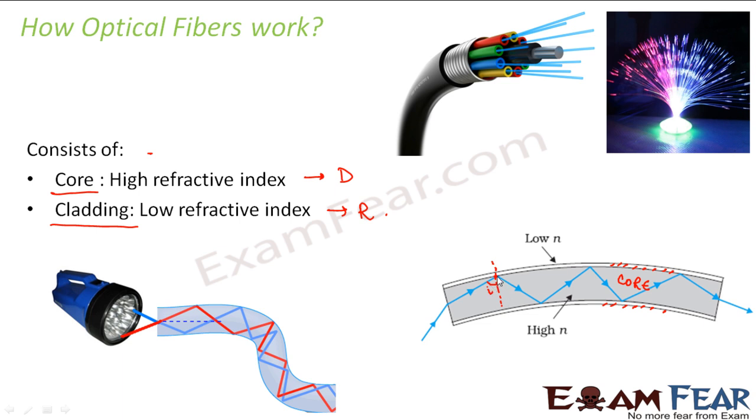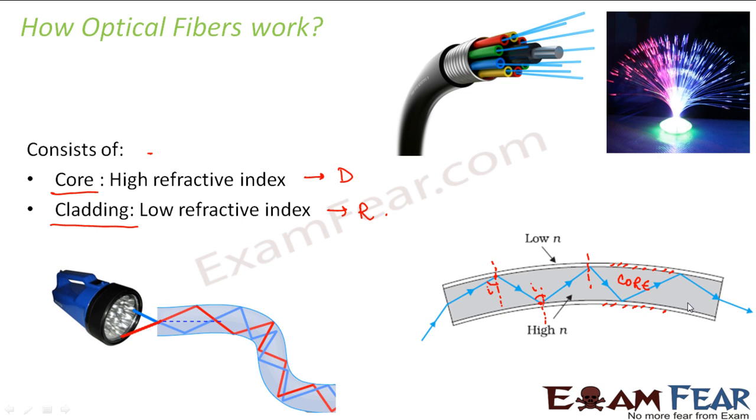As a result, total internal reflection will take place, and the ray comes back to this end. Again here it is traveling from a denser medium to a rarer medium. Let us say this is the normal to the surface. This is the angle of incidence. This angle of incidence is set to a value greater than the critical angle. As a result, total internal reflection will take place. So at every point, here and so on, total internal reflection keeps taking place.